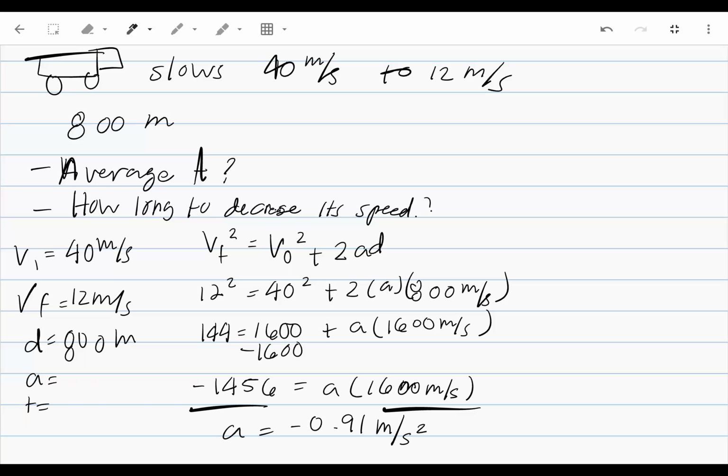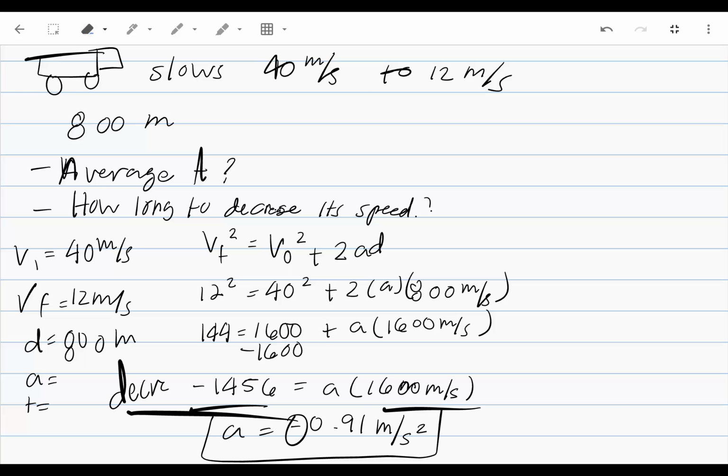Always make sure your notation is right. For acceleration, it's going to be meters over second squared, or whatever your distance unit is, but always make sure your seconds are squared. So the average acceleration for the truck that goes 40 to 12 would be negative 0.91, because it did decrease, and that's where you see the negative.